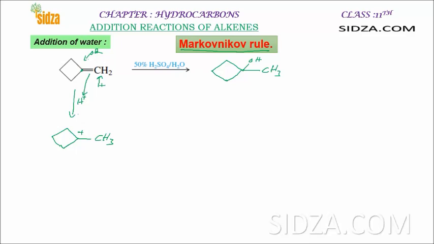And then in the second step here, the hydroxide ion will attack on it and you get this product. So the hydroxide ion will attack on this and you get this product. So this is the carbocation that you get as an intermediate.